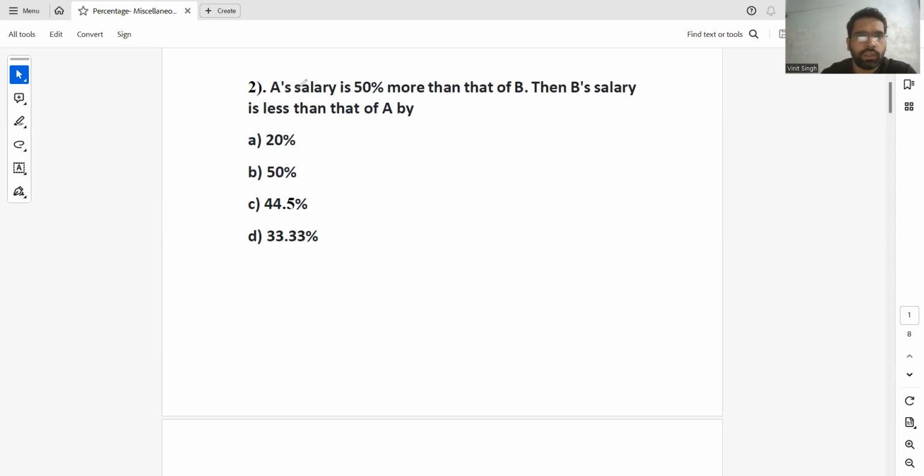Here, A's salary is 50% more than B. Then B's salary is less than how much percent? We know that 50% is equal to 1 by 2. So B earns rupees 2, A earns rupees 3. How much percent? This is the 1.